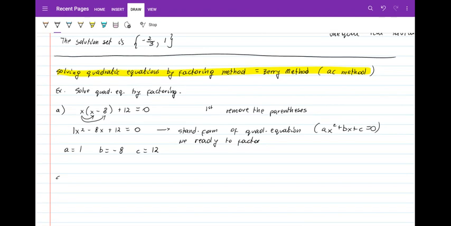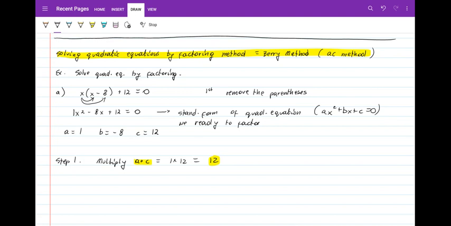So AC method. Step 1, multiply A times C. So in our case, we're going to multiply 1 times 12, we're getting 12. So the product of A times C is equal to 12. Step 2, we're going to find two integers.